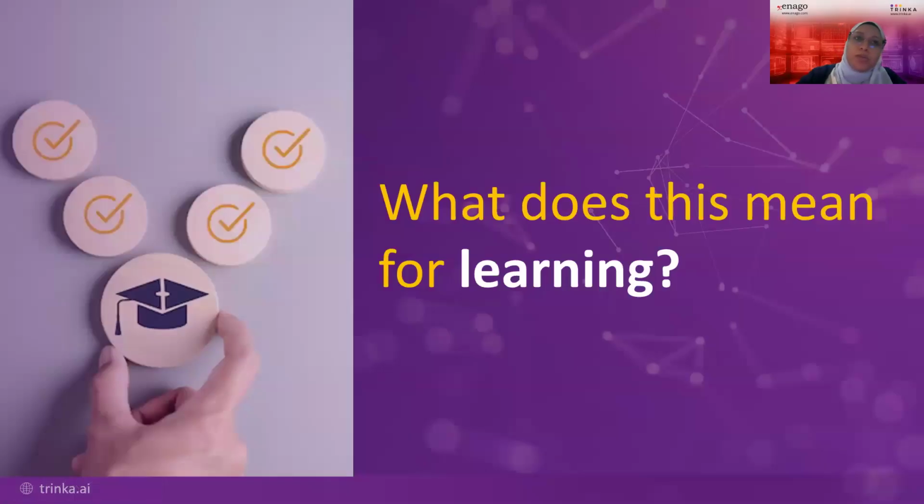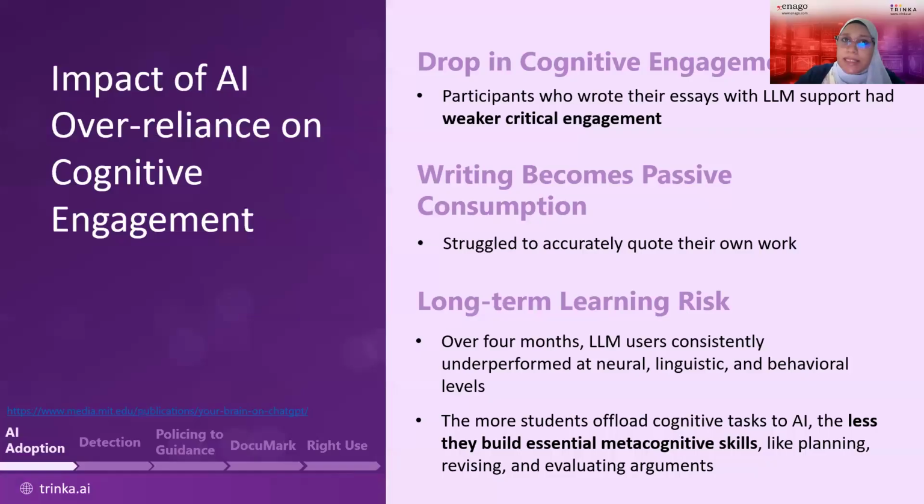So what does this huge increase in AI usage mean for the learning process? We can see that it has been impacting the students and the learning process as a whole. Lots of students now are relying on AI instead of relying on cognitive thinking.